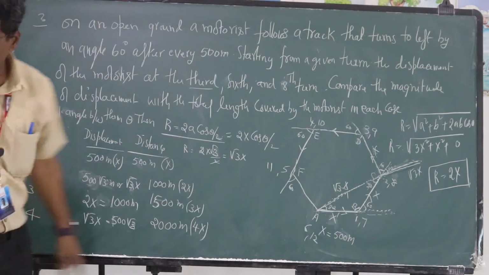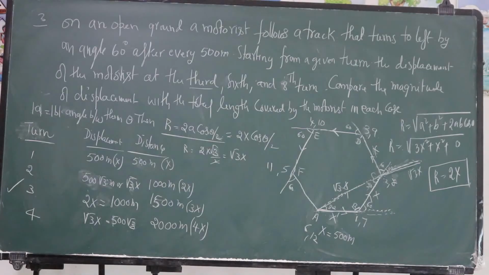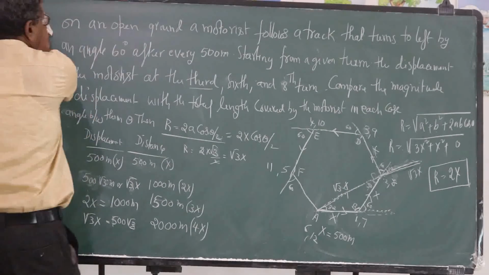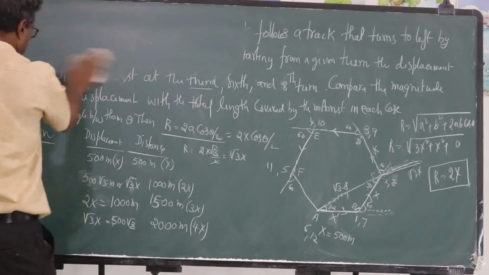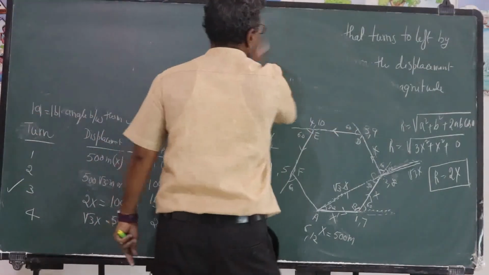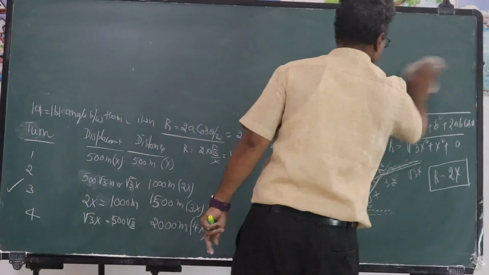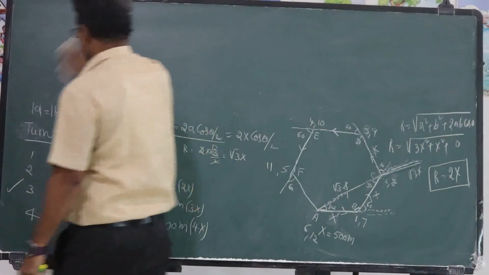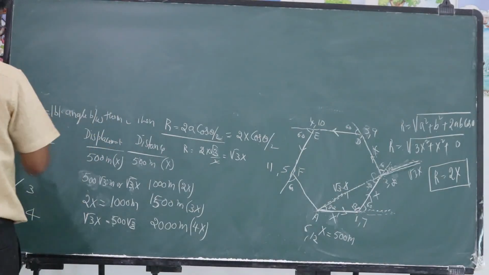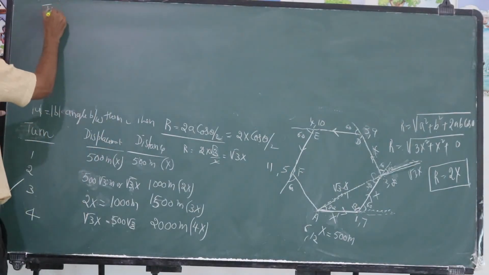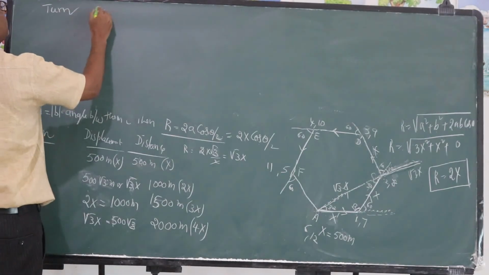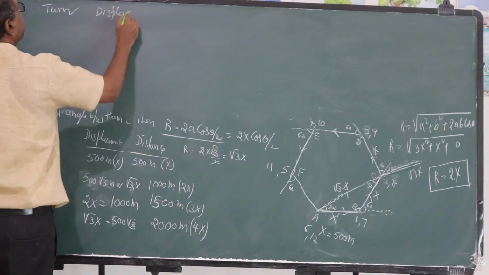After the fifth turn, I will write here: turn, distance, displacement.